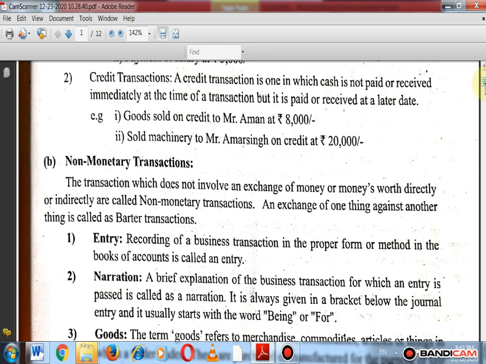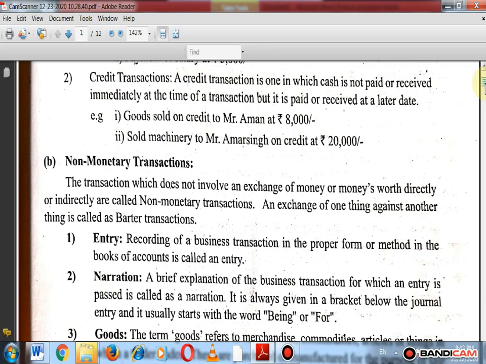Here, a non-monetary transaction means an exchange of one thing against another thing, and it is called a non-monetary transaction or barter transaction. For example, if we exchange goods, take the example of jowar and wheat.